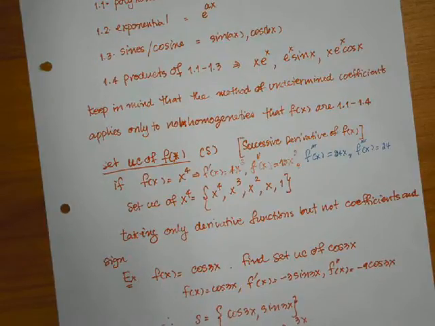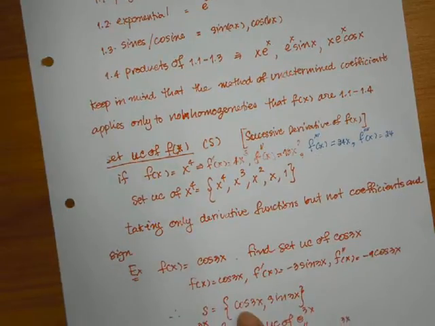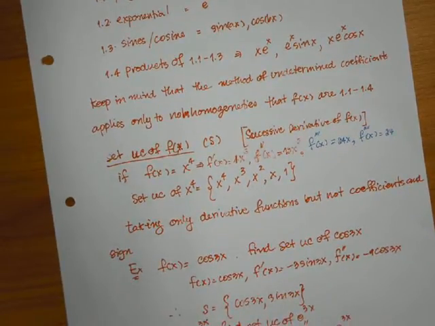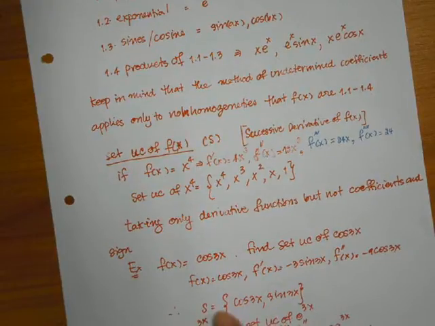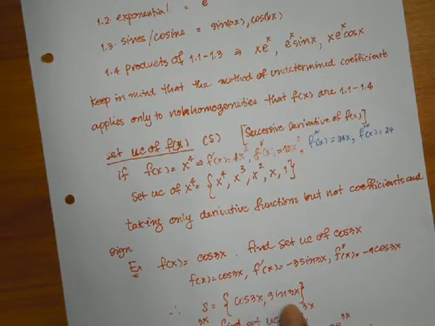If you look at the functions, it goes cos, sine, cos, sine. So once it repeats like this, just stop and pick up the functions. Now you have only two functions, cos 3x and sin 3x. So those two are the functions in the set of successive derivatives of cos 3x.